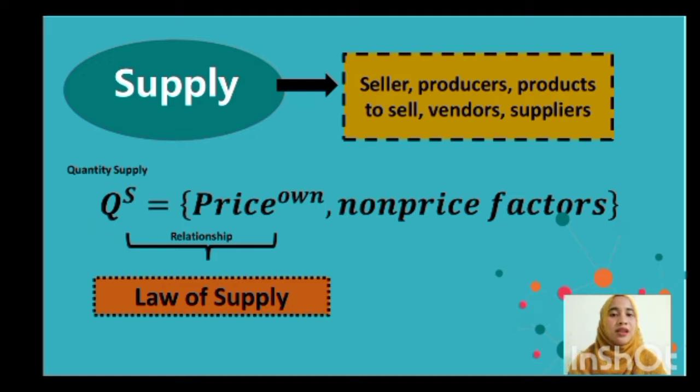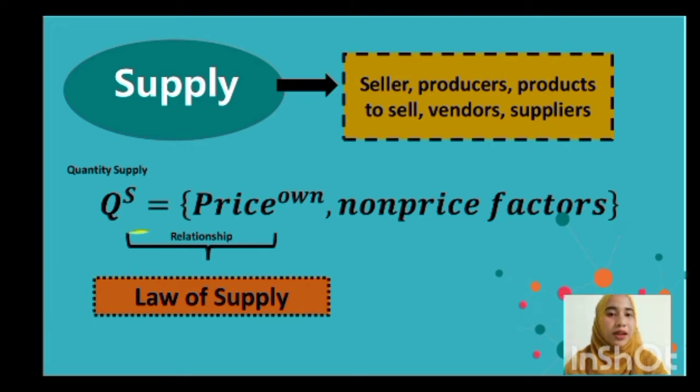QS means the quantity supply is equal to the own price and other non-price factors. So in this discussion, we will have to know the relationship between the quantity supply and the own price, or the supply that is owned by the seller and that will be produced by the seller.